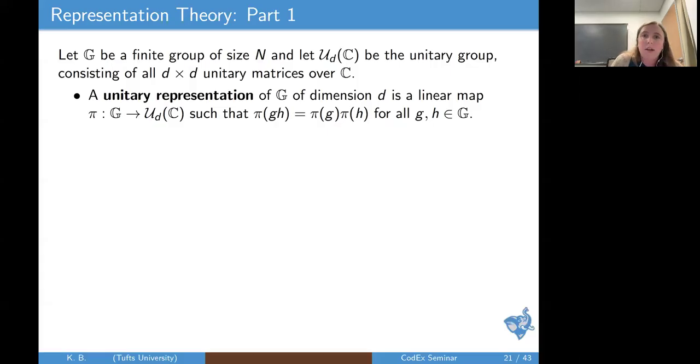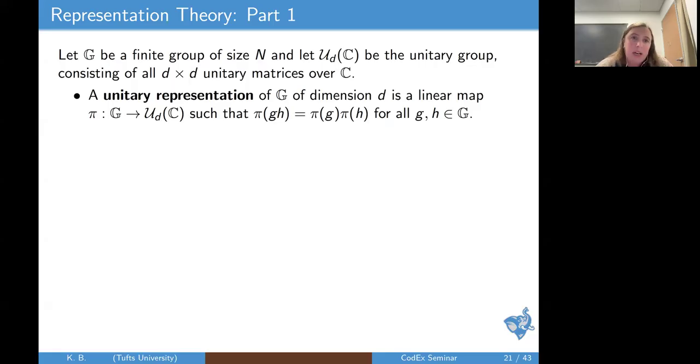And then U_D of the complex numbers is the unitary group of all D by D unitary matrices over C. The main idea of representation theory is to take group elements and map them to linear maps or matrices.